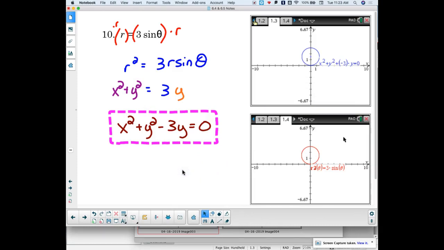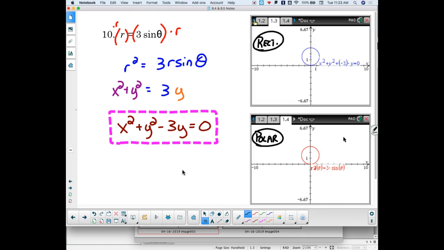So again, this one was the rectangular, and this one was polar. Okay. Awesome sauce. Love it.